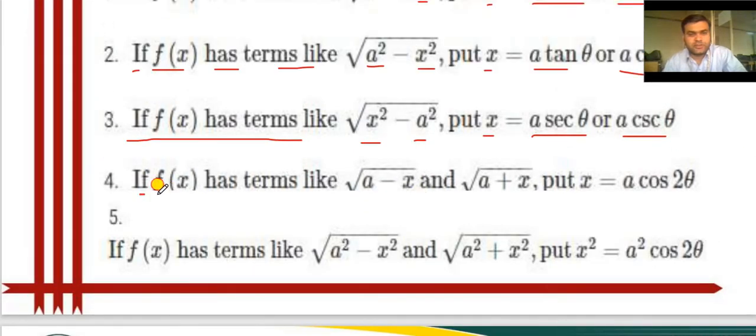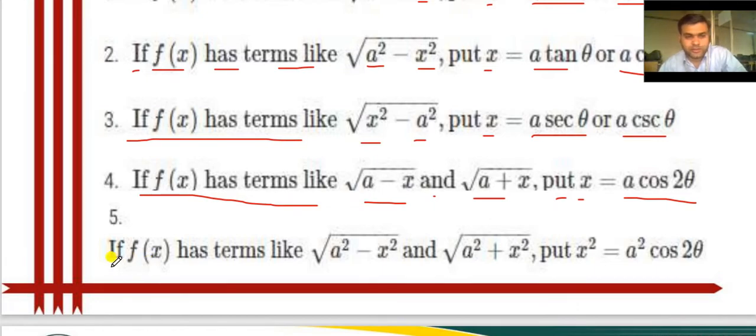Number 4, if the function f(x) has terms like under root a minus x and under root a plus x, then we put x = a cos 2 theta.